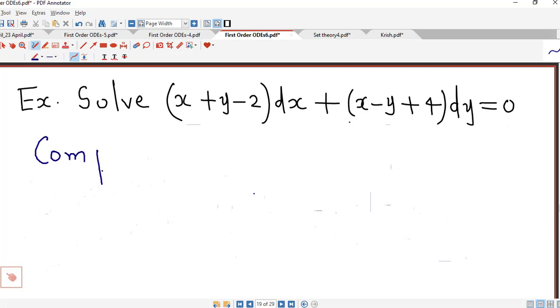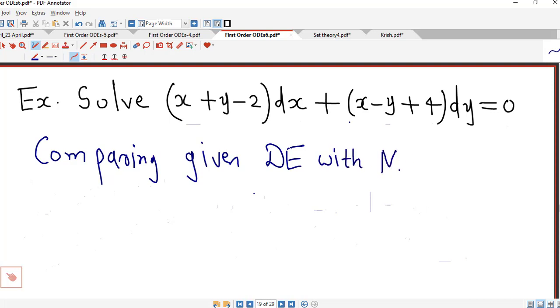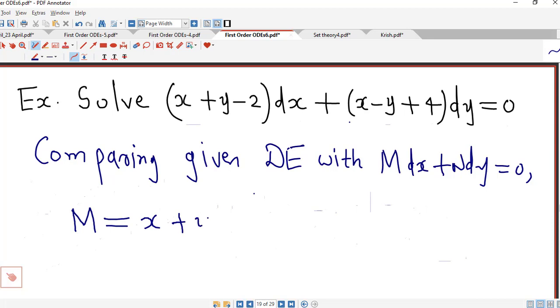So first we compare the given differential equation with M dx plus N dy equal to 0. We have capital M equal to x plus y minus 2 and capital N equal to x minus y plus 4.